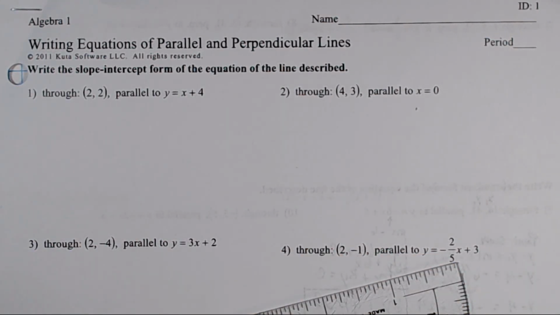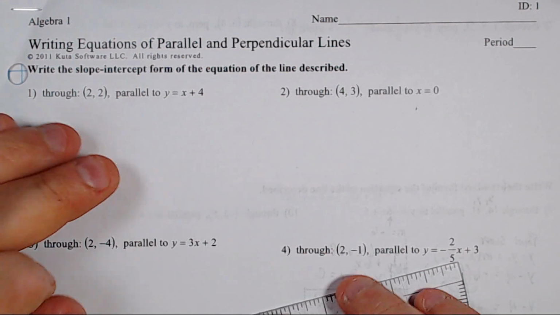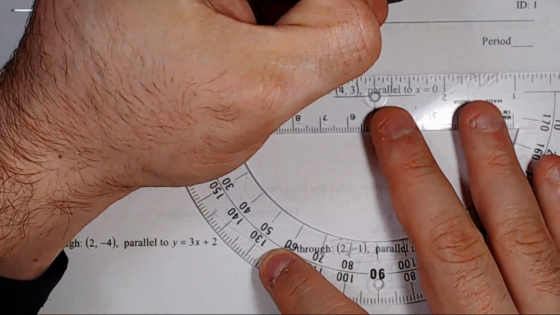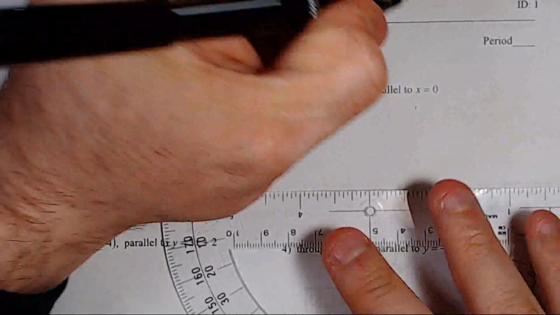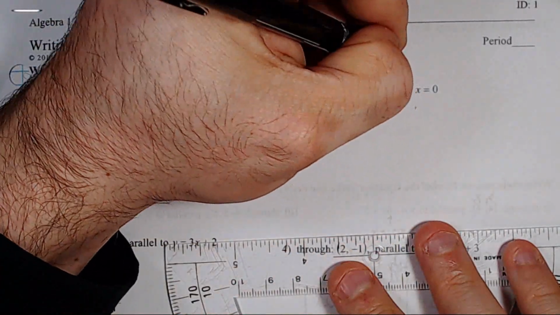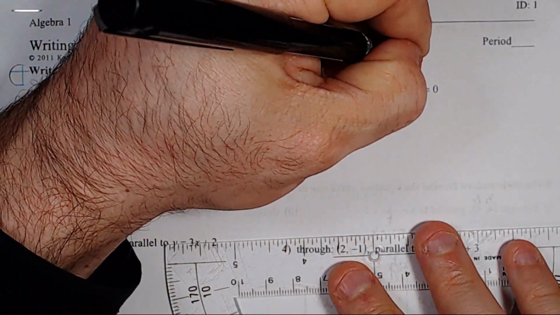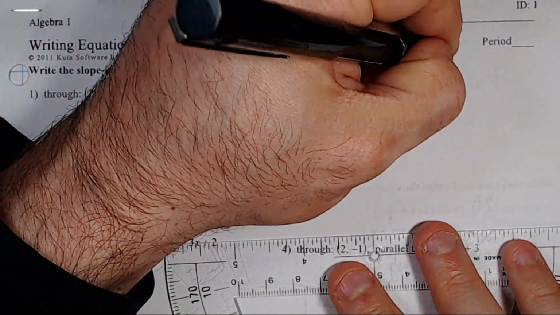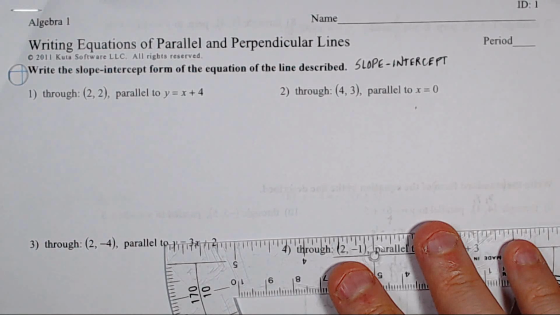So in order to write the slope-intercept form of the equation, we have to know what that form is. The slope-intercept form of the line is an equation for a line that shows both the slope and the y-intercept.